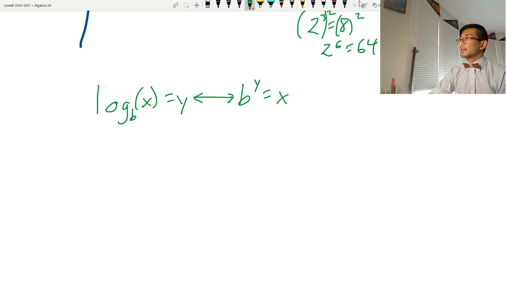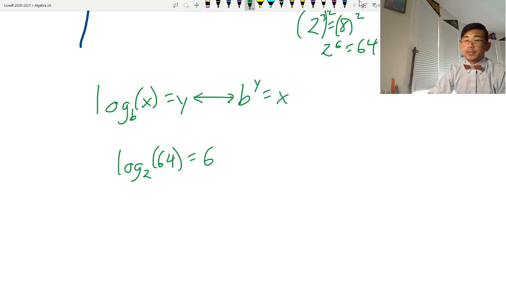Just a couple of things. Remember that at the end of the day, this is just a number. Log base 2 of 64, that's just a number. That's just 6. And so if I wanted to, I could do something crazy like this: 5 plus log base 4 of 16, pretend.